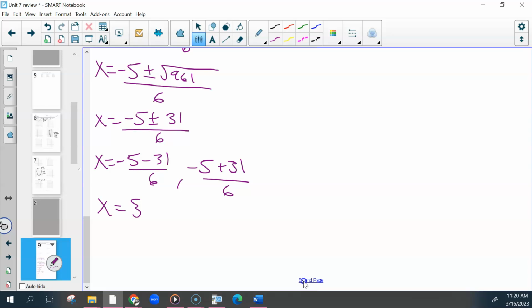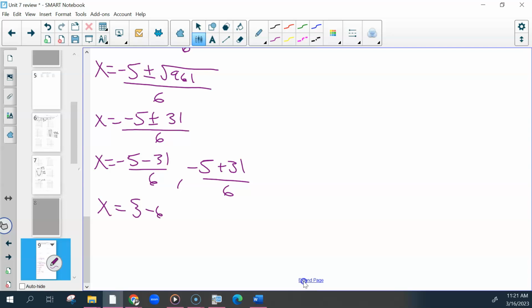What would that first one give you? Subtract this and then divide. What do you get? Negative 6.